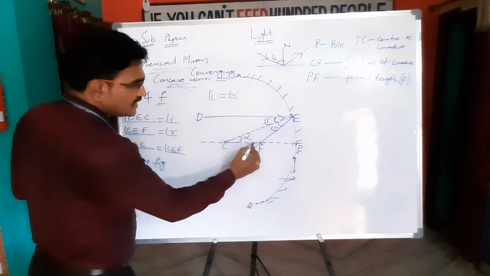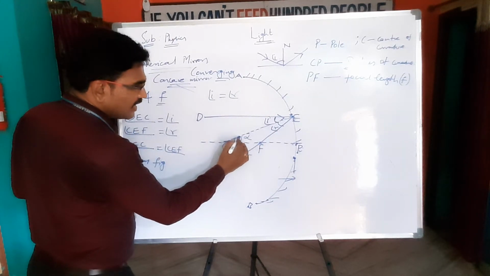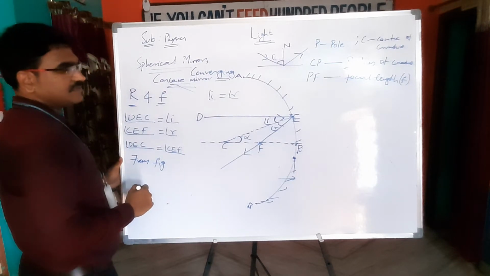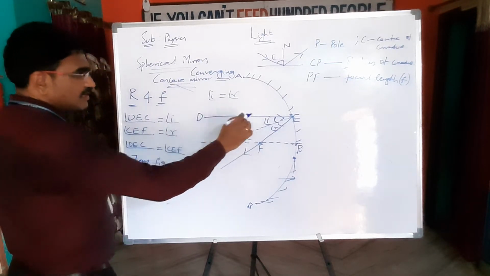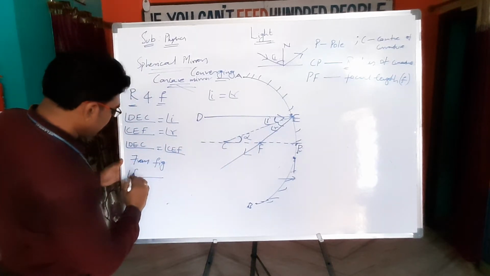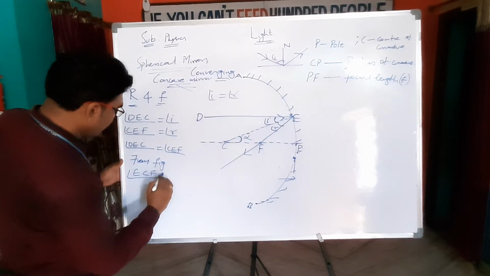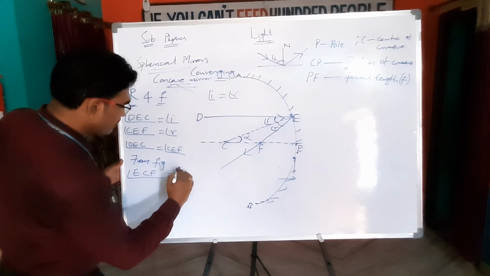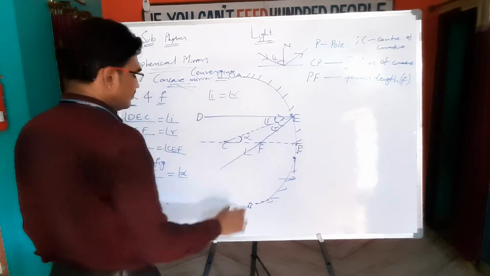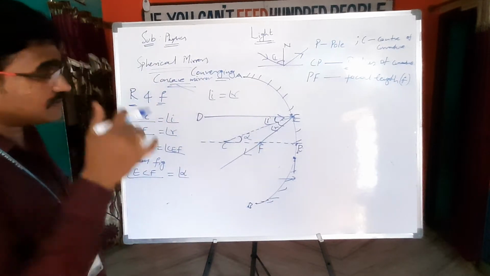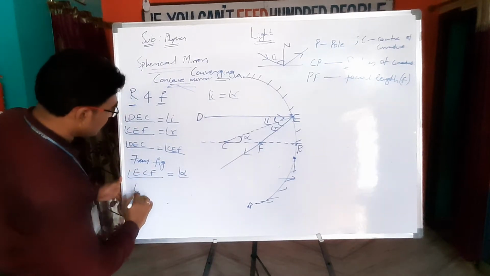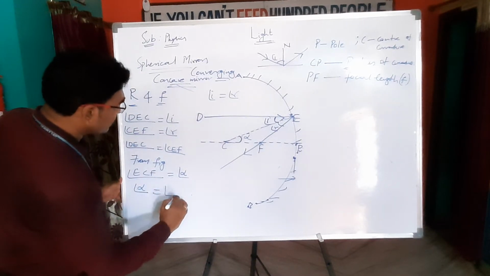Between CF and CE, I am going to get an angle. Let me call that angle alpha. So what is alpha? Angle ECF is equal to alpha. Am I right? And I can say alpha is equal to I. Angle alpha is equal to angle I.